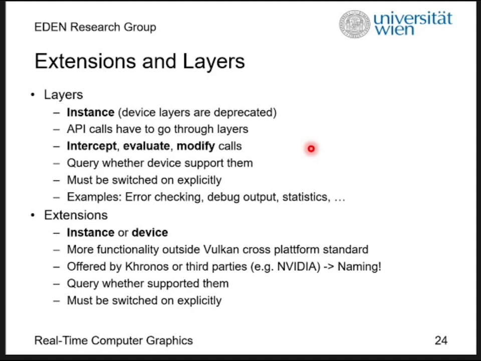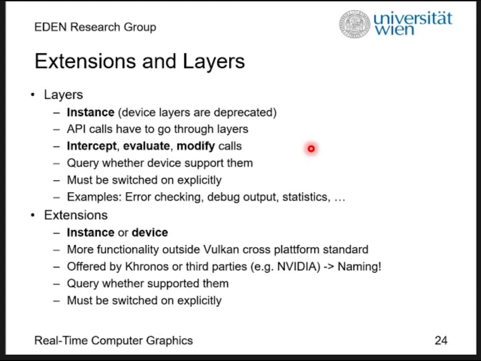Whenever you make a call into a Vulkan function, if the call belongs to one of the 5 classes of calls that relate to layers, then the call will be diverted first to the layer that you have enabled, like an error checking layer. You switch on error checking, and suddenly between your call and Vulkan you have an error checking layer. So whenever you make a call, it goes through error checking.